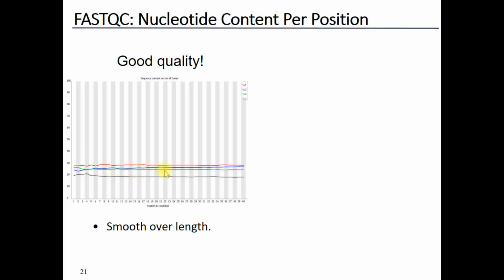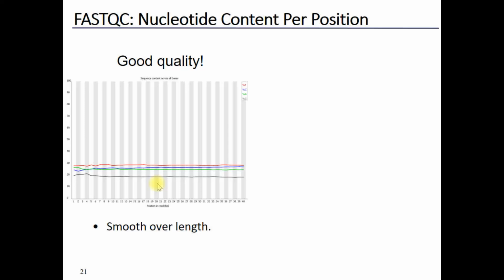So the lines in this plot should run parallel with each other, and the relative amount of each base ACGT should reflect the overall amount of this base in our genome, usually around 25% each. And in any case, they should not be hugely imbalanced from each other.